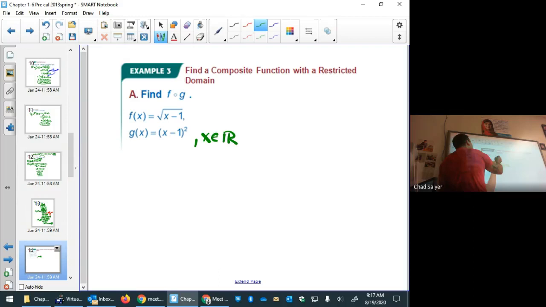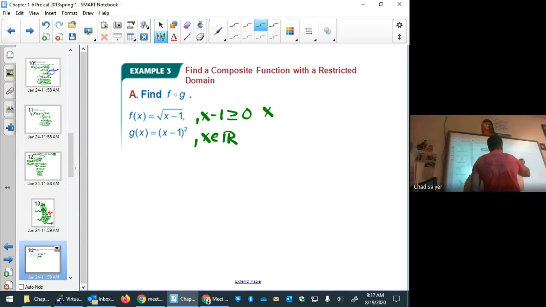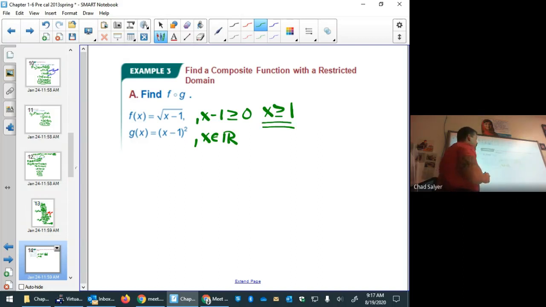But when we plug it into f, we do have a problem because the domain here is going to be x minus 1 is greater than or equal to 0, which means x is greater than or equal to 1. So we can only consider g of x values where the output is greater than or equal to 1. So I'm concerned only with places where this output is greater than or equal to 1.